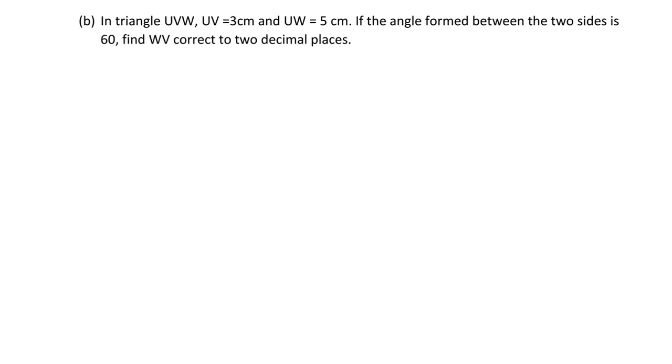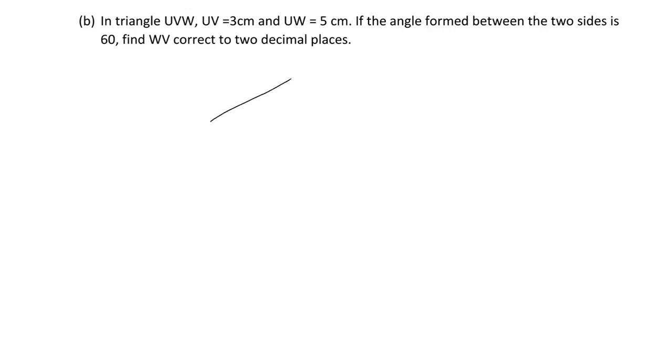Part B. In a triangle UVW, UV equals 3 centimeters and UW equals 5 centimeters. If the angle formed between the two sides is 60 degrees, find WV correct to 2 decimal places. This is a geometry problem. Let us sketch the problem.